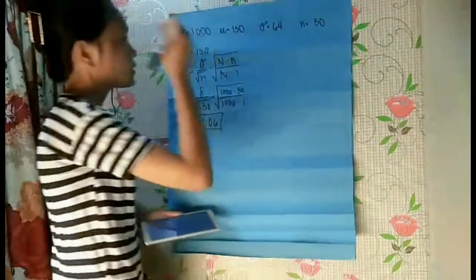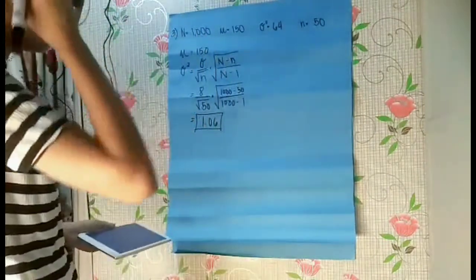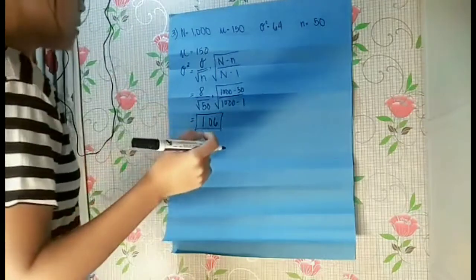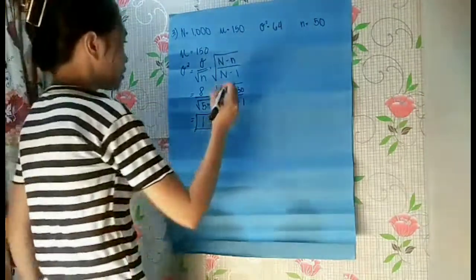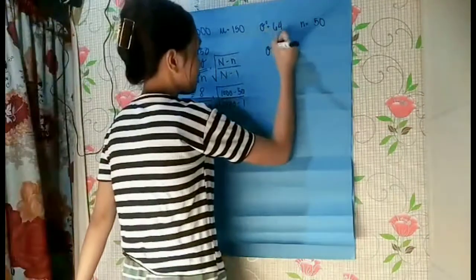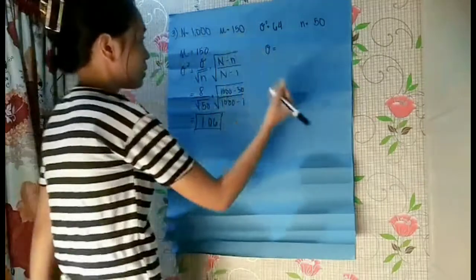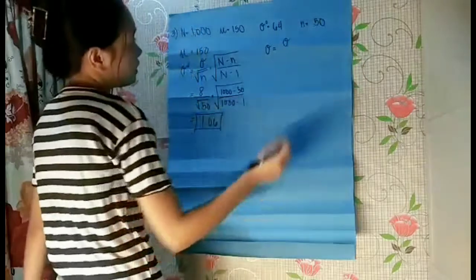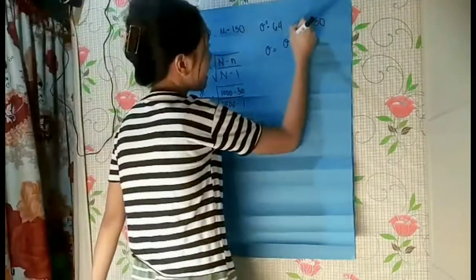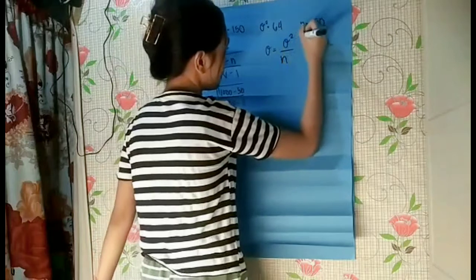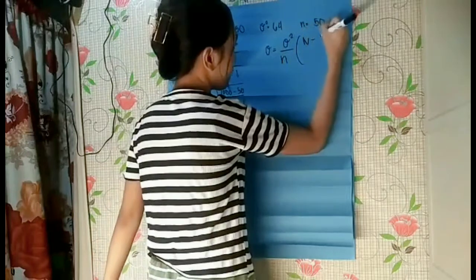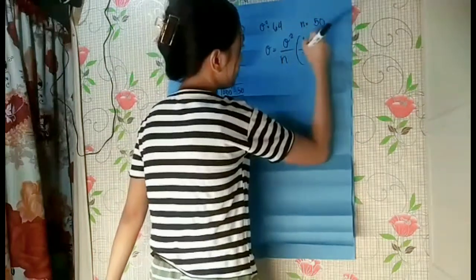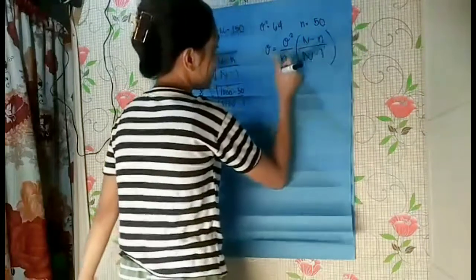The next thing we have to look for is the standard error. To find it, we have to use the given formula, which is the variance over the sample size multiplied by the population minus the sample size over the population minus 1. Again, we have to rewrite it.